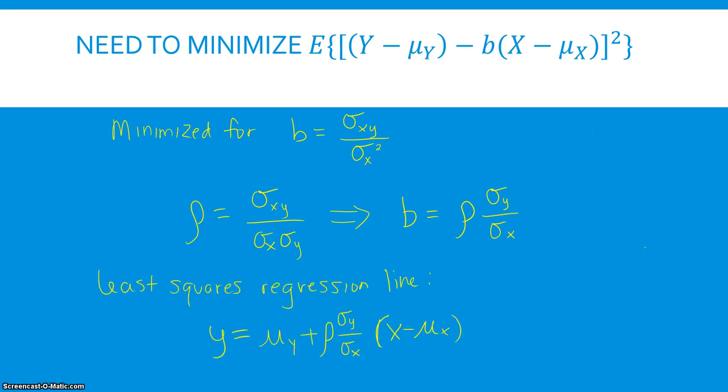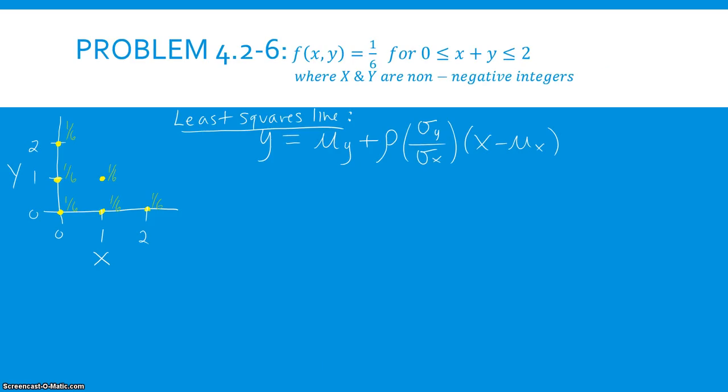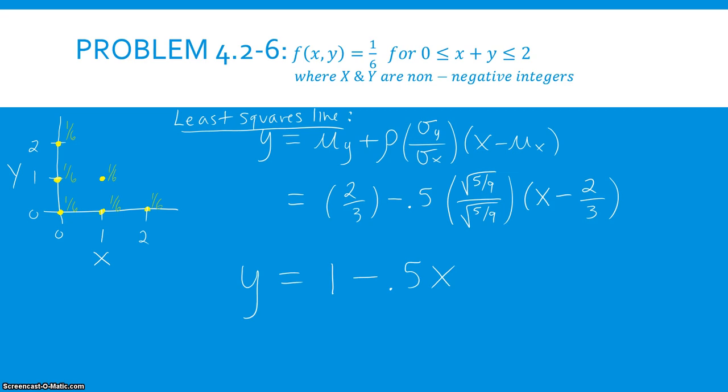And we can get our least squares regression line of this form: y equals the mean of y plus the correlation times sigma y over sigma x times x minus the mean of x. If we do this for our particular example, we can plug in all these values and get the equation for the line, y equals 1 minus 0.5x, and we can draw it on our graph.